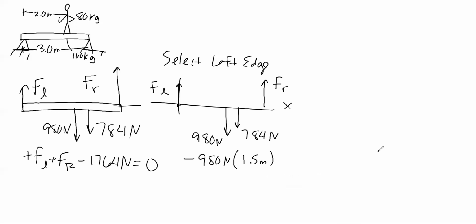Similarly, minus 784 newtons times 2 meters. And then F sub R exerts a positive torque, plus 3 meters times FR. That all equals 0. So we have the torque equation that will give us one of our unknowns.